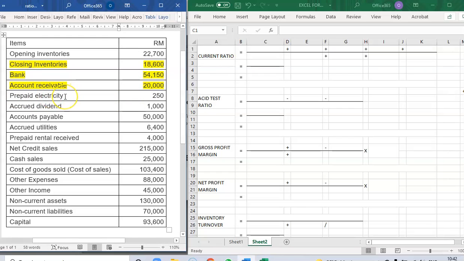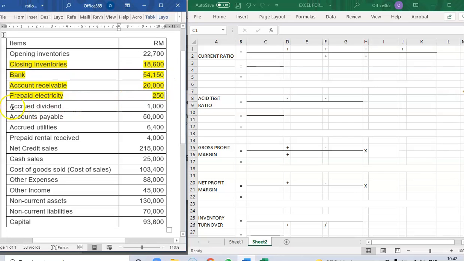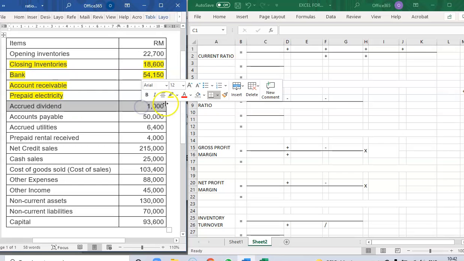Prepaid electricity is a prepaid expense, so you look at the table for prepayment and accruals. So this is also a current asset. Accrued dividend is also a current asset. So these are the current assets.